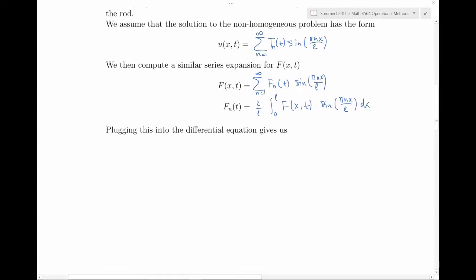So having these two expansions for u and f, we're going to plug them into the equation.